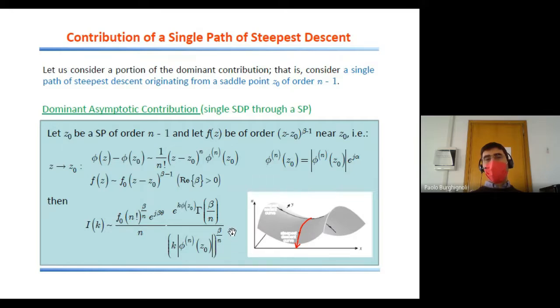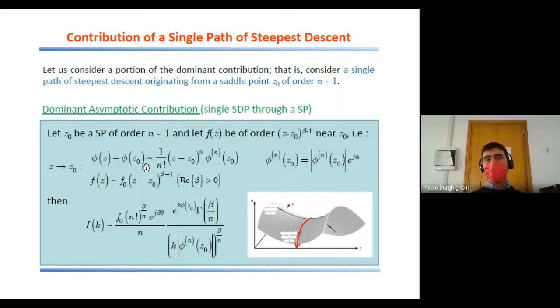So as you can see, this exponent beta over n is built from the local behavior of the functions phi and f through the exponent beta that occurs in the local representation of f, and this is the numerator of this fraction, and through n, which is instead related to the order of the saddle point.